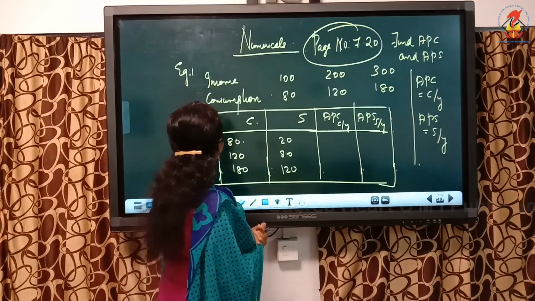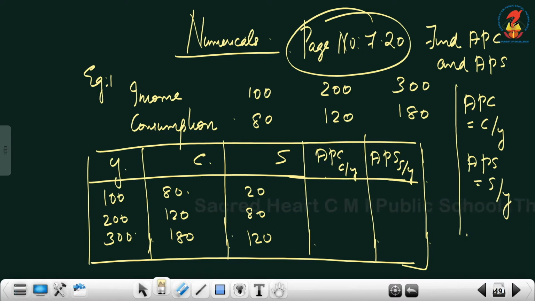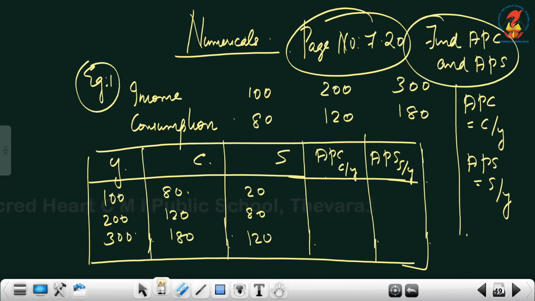The first question on page 7.20 is example 1, find out APC and APS. It's a simple one.